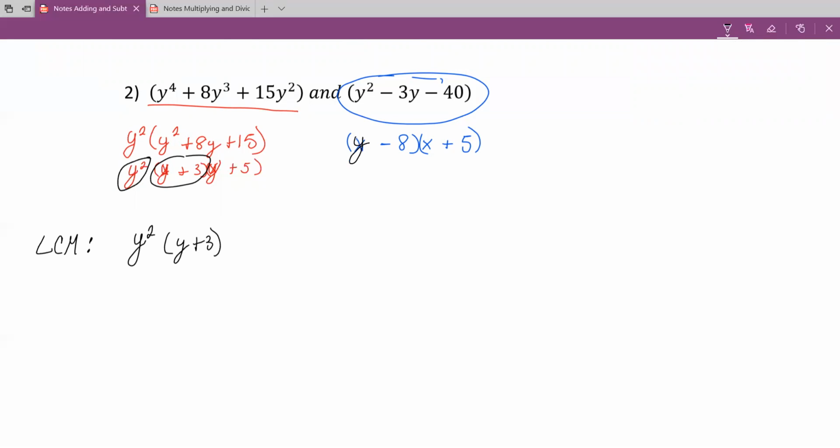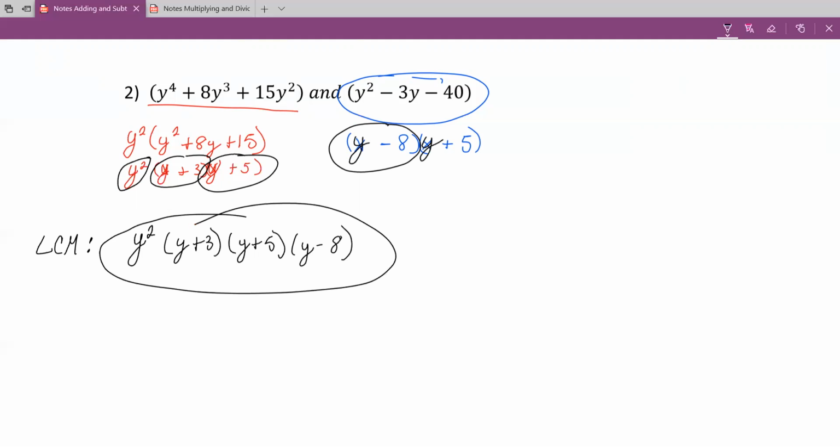I have a y plus 5. And I also have a y minus 8. I'm not going to include the other y plus 5 because I already included a y plus 5, and it doesn't have a higher power. So this ends up becoming my least common multiple here.